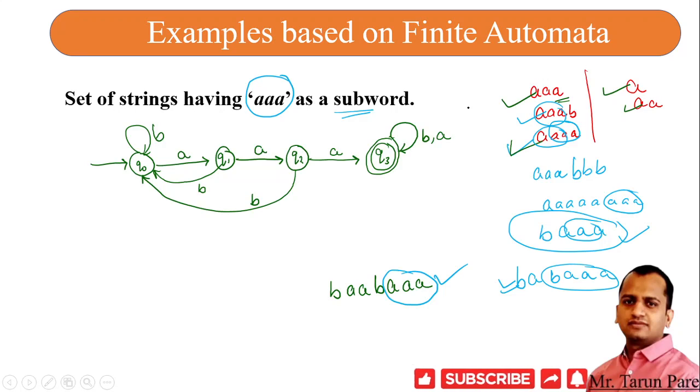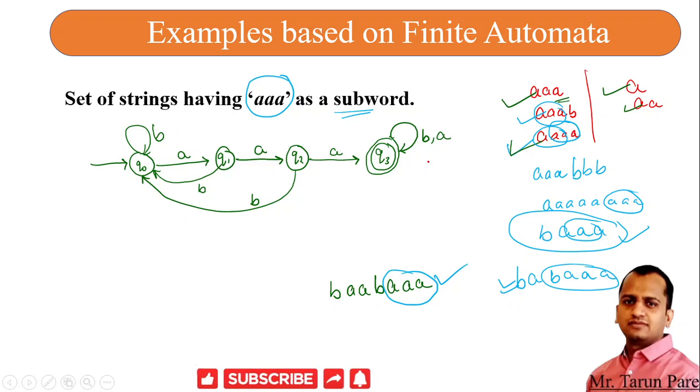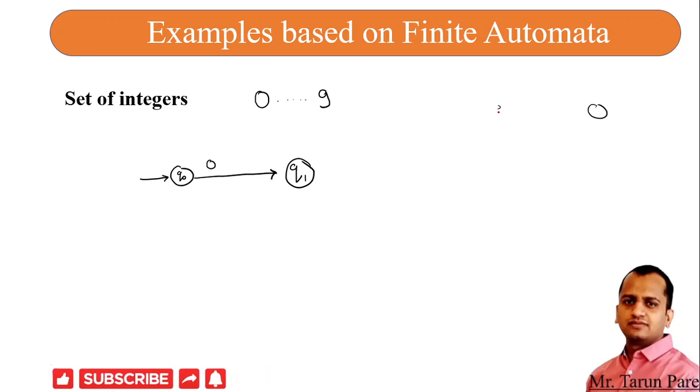As previously mentioned, if you see here, we have passed more than one symbol. This is the property: while you design the automata, you can pass more than one symbol at a time from one state to another state.